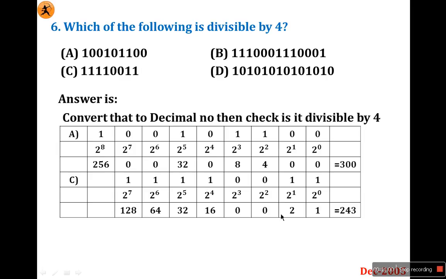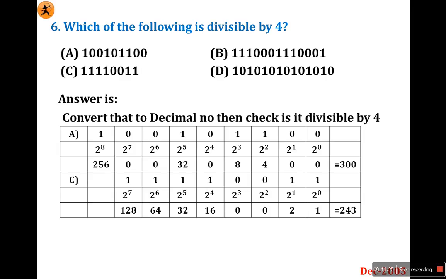Already you got the answer, just for cross verification you need to check. 2 raised to 0 is 1, 2 raised to 1 is 2, 2 raised to 4 is 16, so the sum of all these is 243, but 243 is not divisible by 4. Definitely these other answers are not divisible by 4, because already you got option A. So select A, don't waste your time. If you have a perfect answer, select it and go for the next question.